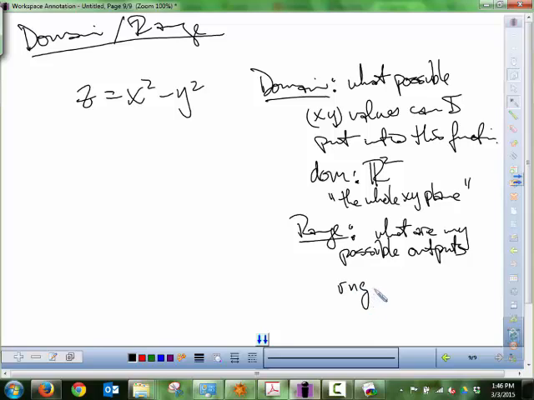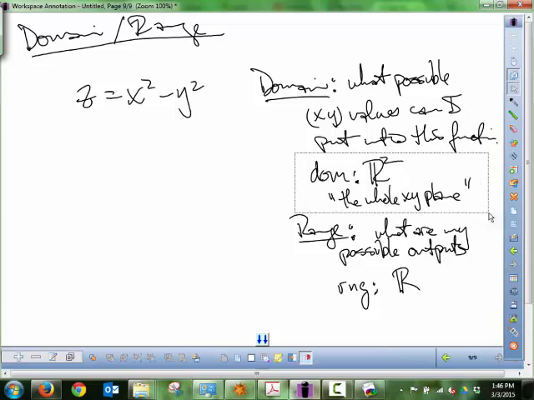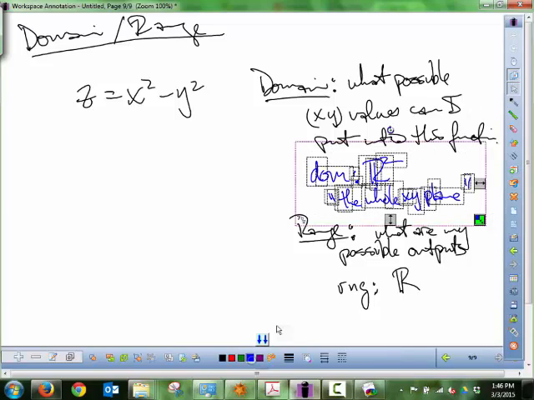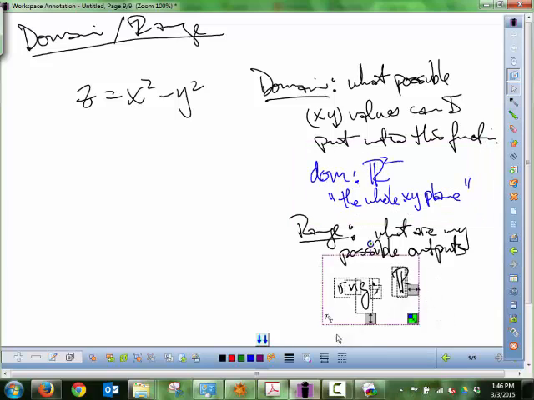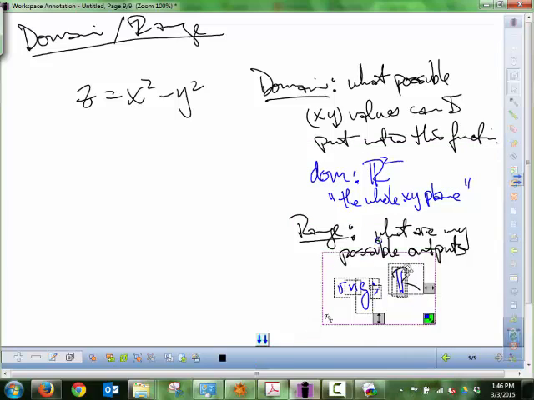It would be all real numbers. Can I get positive numbers out of this? Can I get negative numbers out of this? Yeah, so it looks like it'll be all real numbers. So that's my domain and range business.